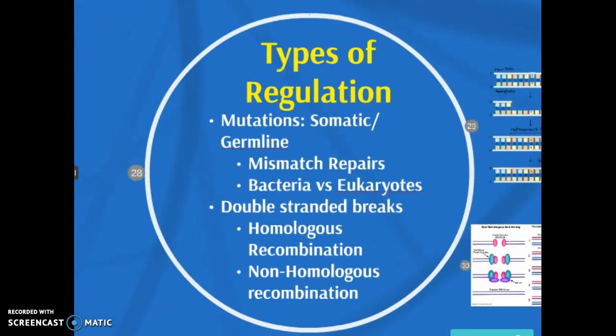Another problem that we discussed is the double-stranded breaks, and this is a cross-section cut of DNA. A few mechanisms found were homologous recombination and non-homologous recombination for fixing these types of problems.